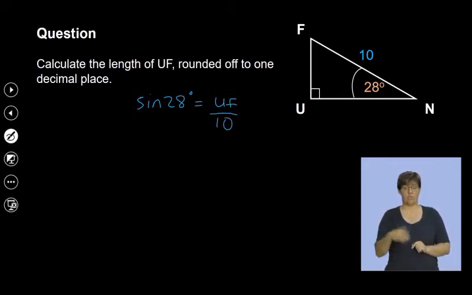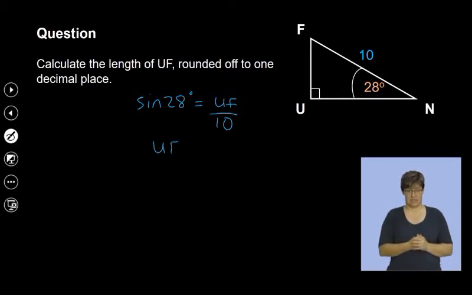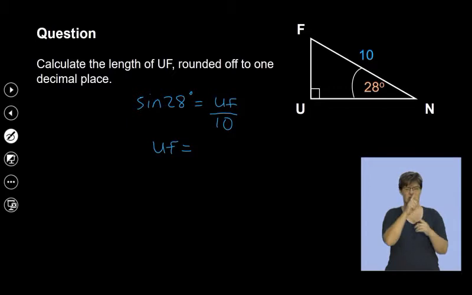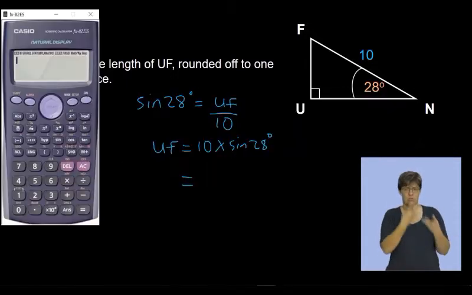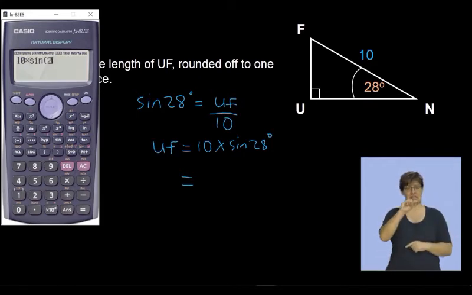And then I'm trying to find the UF. I will just do the basic algebra, which has to do with cross multiplication or multiplying both sides by 10. So this will be 10 multiplied by sine of 28 degrees, and then we go straight to our calculator to then solve this. So it will be 10 multiplied by sine 28.